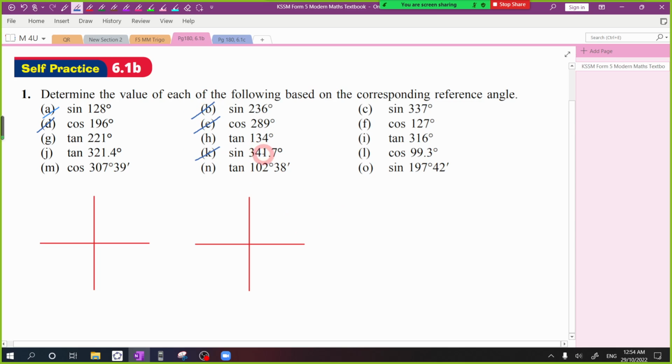Sine 341.7 degrees. Same thing, the first step is to sketch this angle. 341.7 degree will be somewhere around here, fourth quadrant. And the corresponding reference angle is between the terminal side and the x-axis. Remember, x-axis.